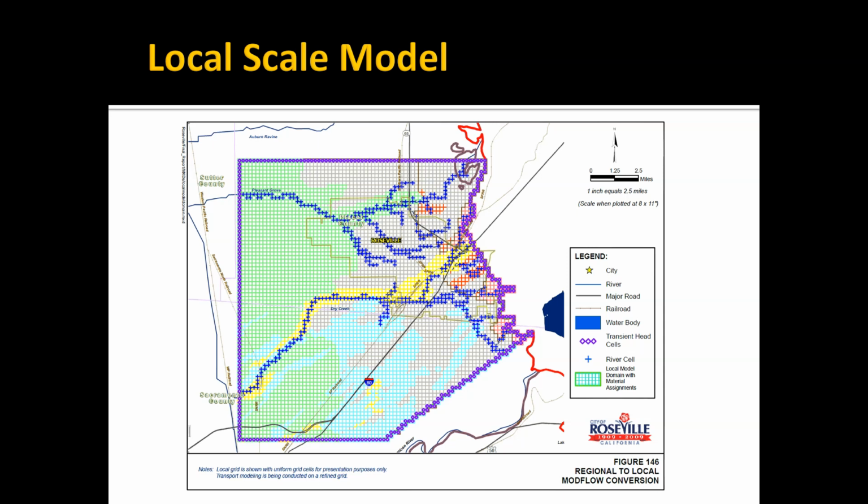And then once we had the model built and calibrated, we did this regional to local model conversion at a number of different locations. This is one around the city of Roseville, in order to look at the impact of some aquifer storage and recovery systems.